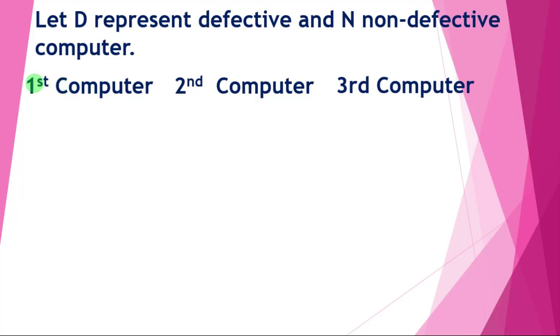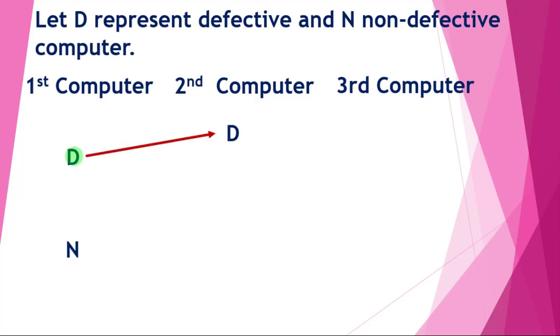I just change here, instead of writing first toss, I write first computer, second toss, second computer, and third toss, third computer. And instead of writing T or H, I wrote here D and N. D stands for slightly defective computer and N stands for non-defective computer.